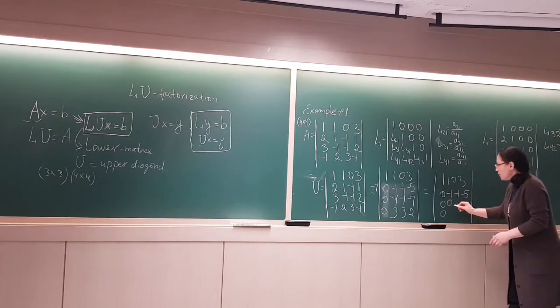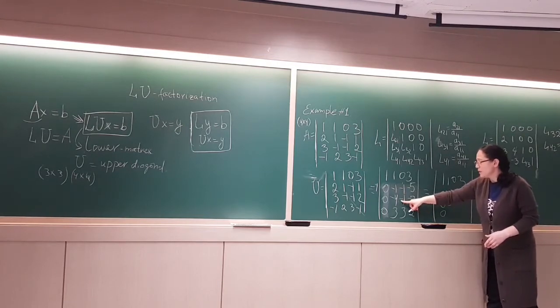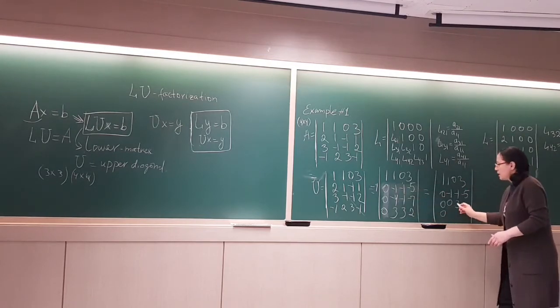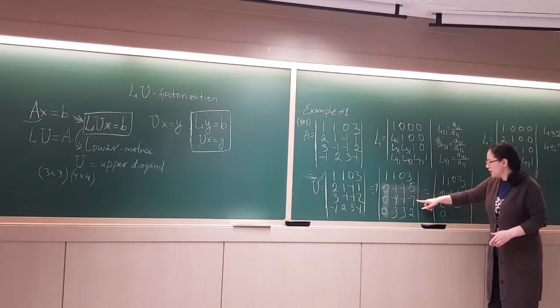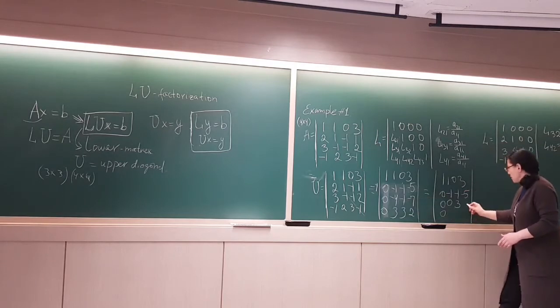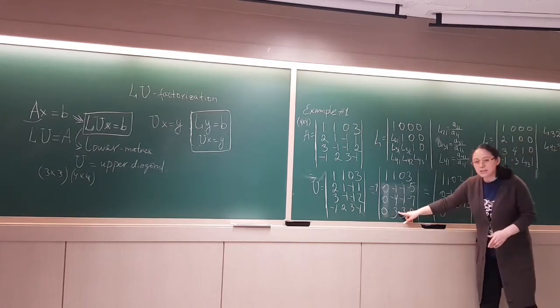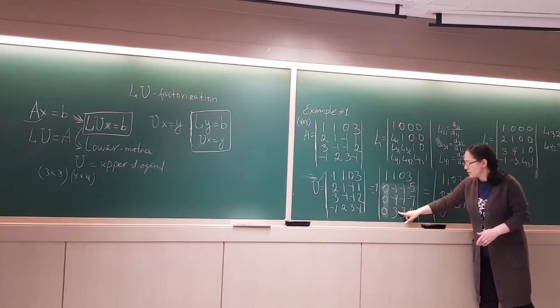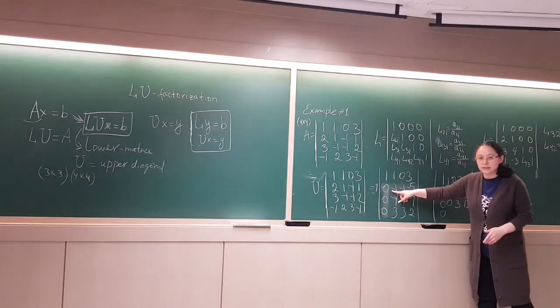Here 0, and this plus 4, 4, and it will be 3. And here 4, plus 4, right? Plus 20. And minus 7. 13. Okay. And here must be 0, and we apply for this minus 3, right?